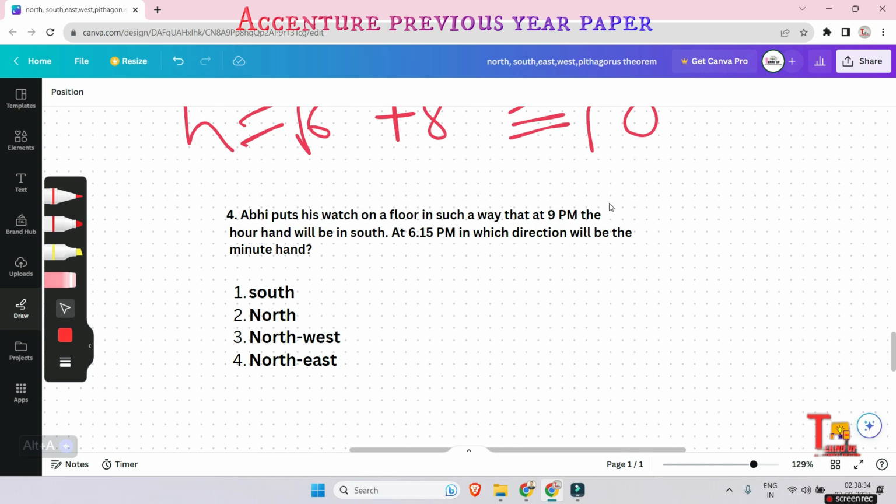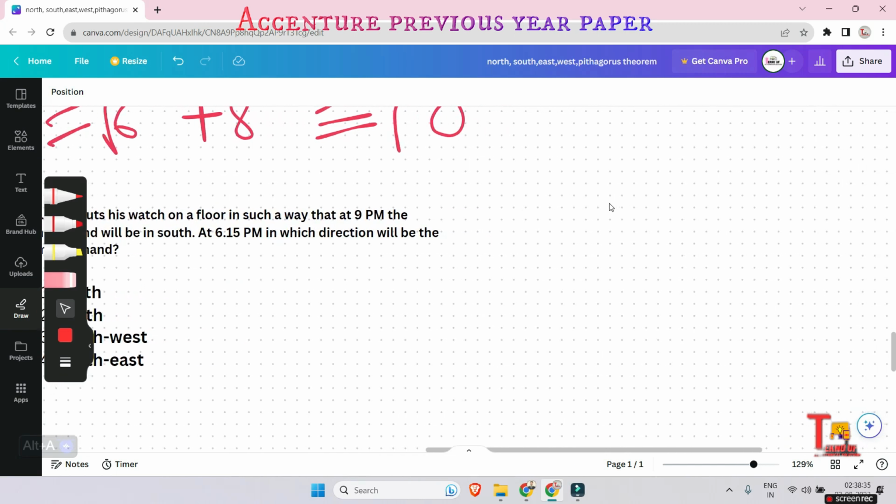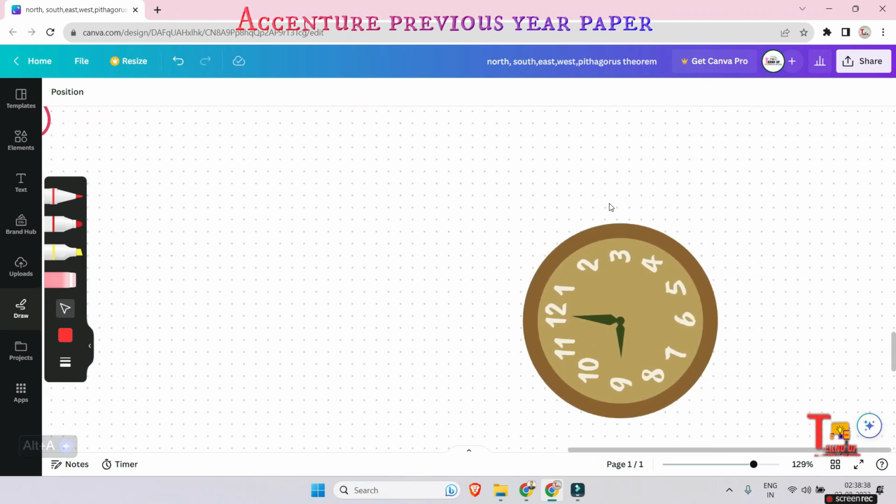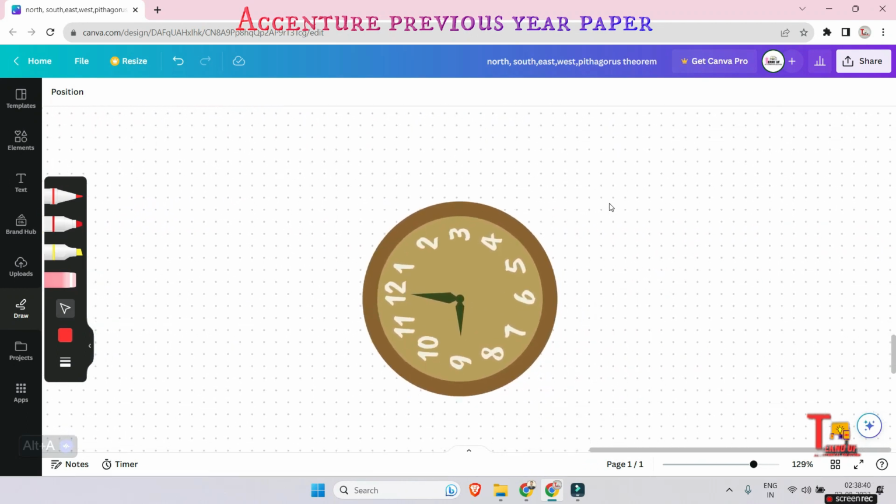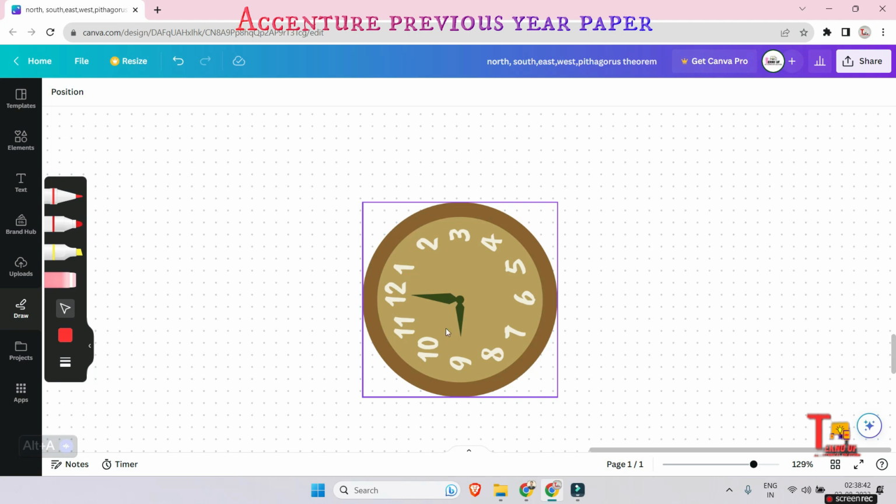Okay, I'm solving. He put his watch in such a way that at 9 p.m. the hour hand is towards the south, that means towards the ground.